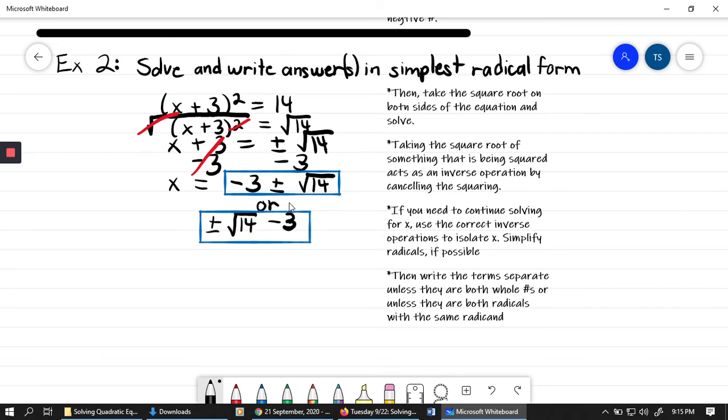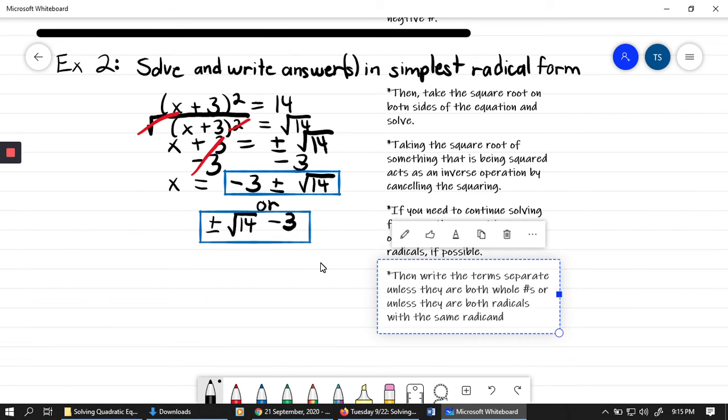Okay, so these are two different ways that you can write out the answer here for example 2. Just remember that it was not possible to simplify that square root of 14.